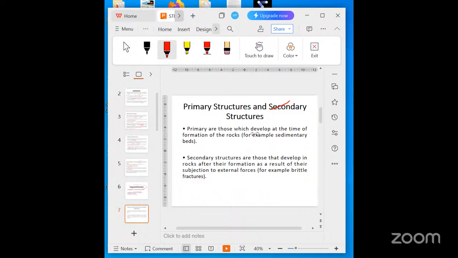And also primary structures, those formed as the result of processes connected with the deposition of sediments, right? They are also known as depositional structures such as bedding planes or sedimentary beds. Okay.